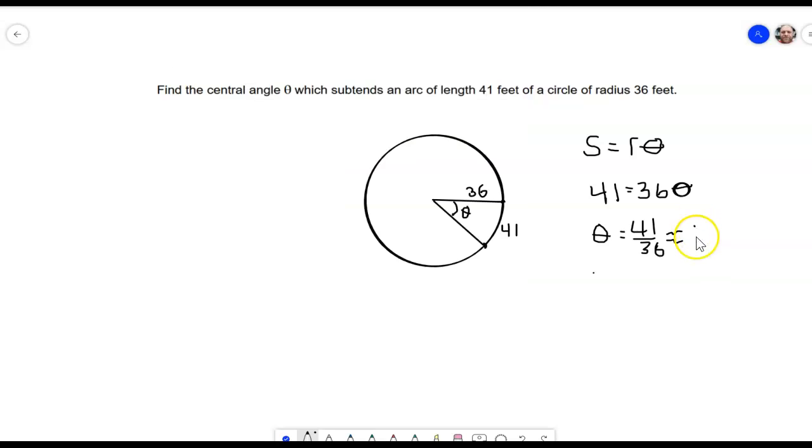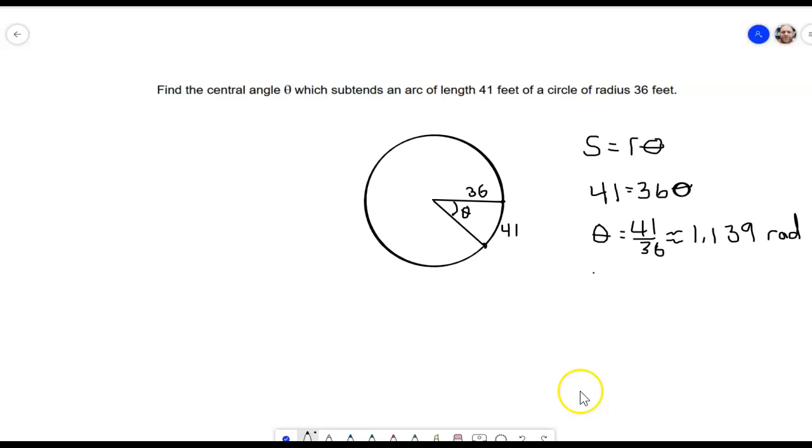We could write it like this, 1.139 RAD for radians, and that would be our answer. If they asked for the thousandth place or 3 decimal places, put it like that.